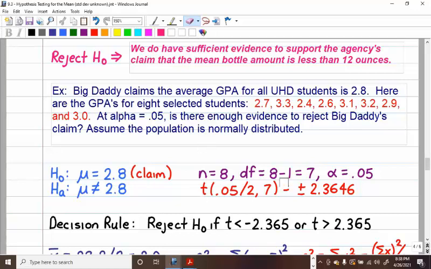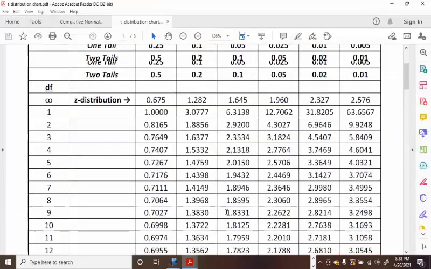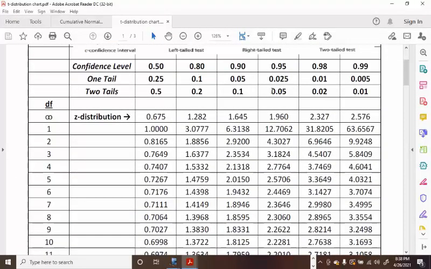Two-tailed, so it's going to be a negative and a positive. 0.05 two-tailed. n is 8, I know it's 8 because I can count how many numbers. It says 8 also, but you can easily count there are 8 values there. 7 degrees of freedom. .05, two tails, 7 degrees of freedom.